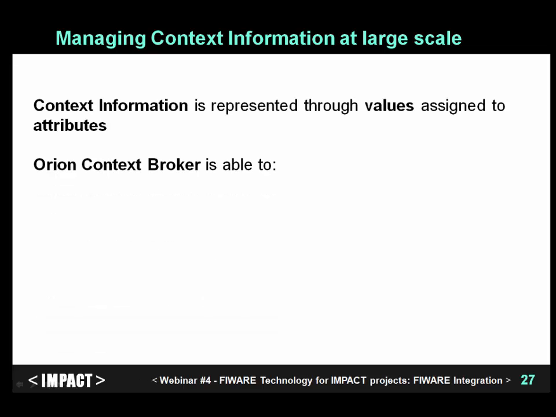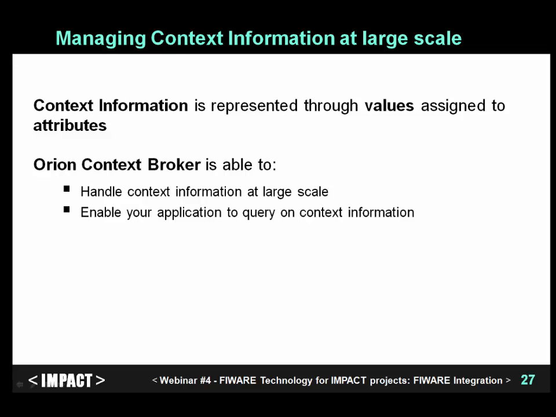When you use a context broker, the information is represented using values assigned to attributes. So all the information you have is organized in attributes of objects that have values. And by using a context broker, you're able to handle information at large scale. Your application can query the context information that other applications or the same application has written before.